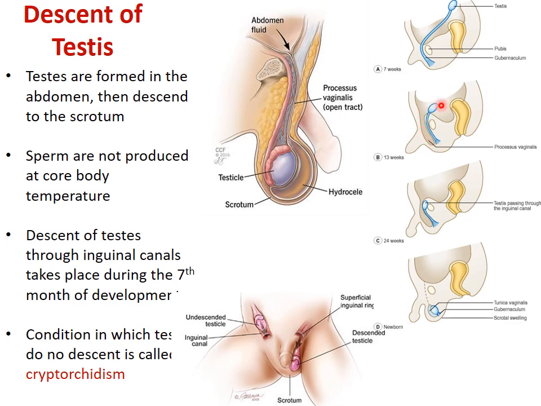into the scrotum. While doing so, the abdominal cavity, this peritoneal cavity with the parietal peritoneum, gives a process. A process means extension. So this is the peritoneum's lower extension into the scrotum.